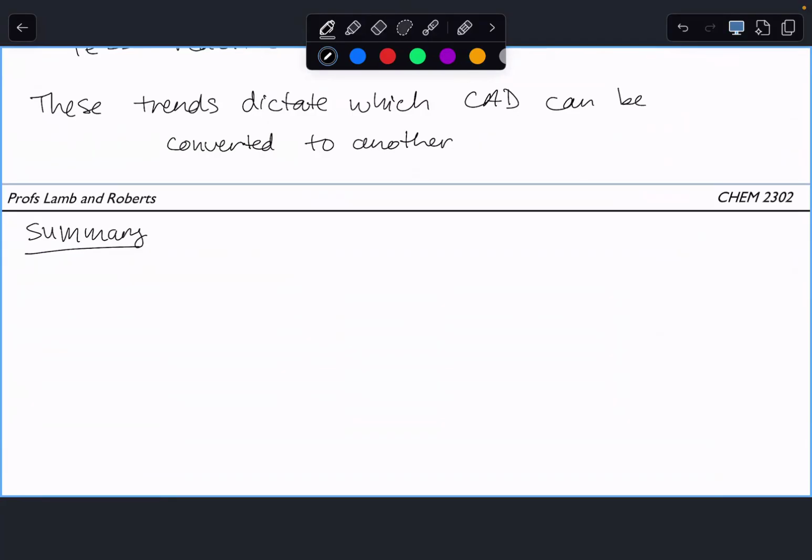Okay, so our summary is acid chlorides at the top, followed by anhydrides, followed by esters, followed by amides.